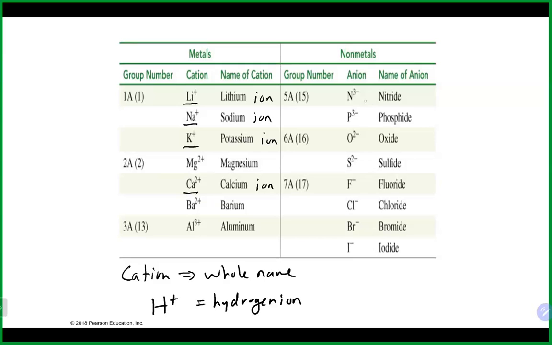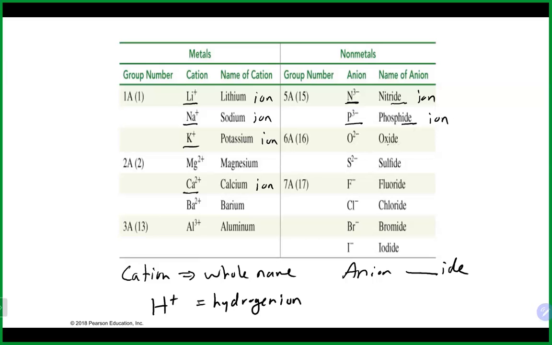Now, things that are negatively charged, which are anions, we use the root of the name and we drop the last part and we put IDE at the end of it. So N is nitrogen, drop the last part, it becomes nitride, IDE ion. P is phosphorus, drop the last part, it becomes phosphide, IDE.